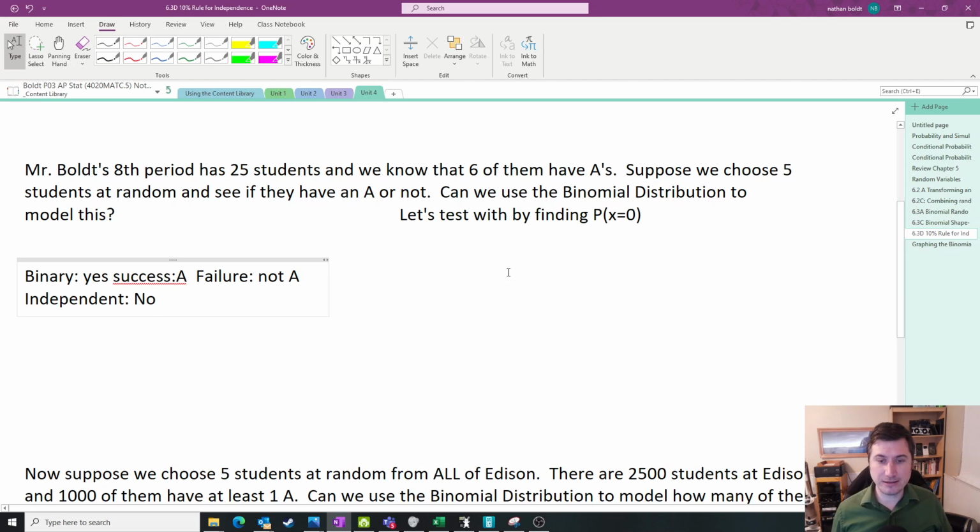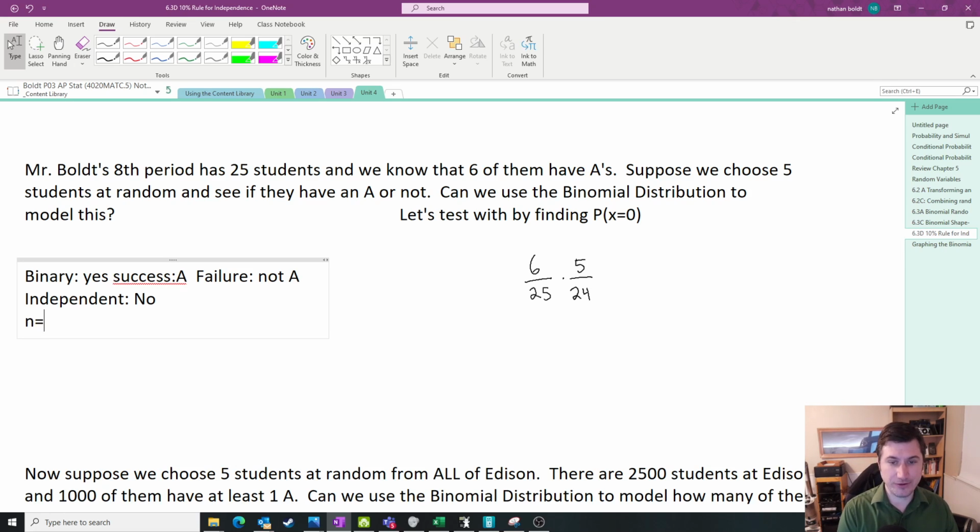The probability that the first kid has an A is 6 out of 25. If that kid is picked, for the next pick the chances of getting an A are only 5 out of 24. That changed the probability on us here. So that actually fails 2 issues: it's not independent, and it's not the same probability.